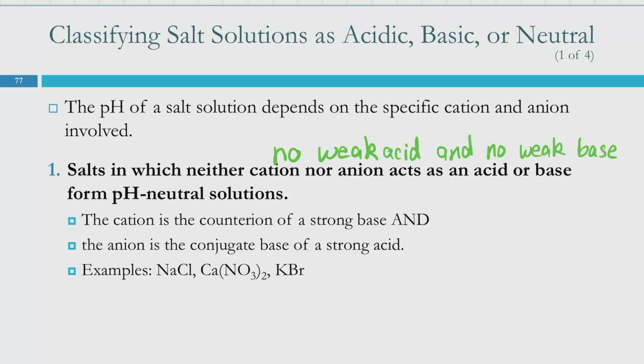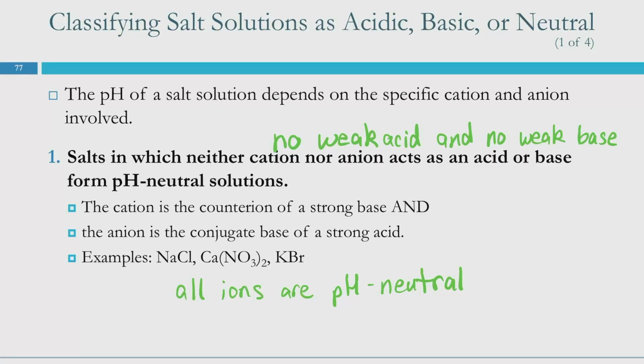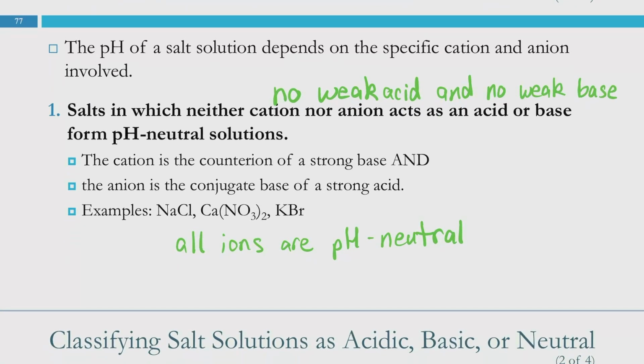There's not going to be any effect because all of our ions are pH neutral. So that's one possible case. So like sodium chloride, the sodium from sodium hydroxide, which is a strong base. The chloride from HCl, a strong acid, and so the chloride would be pH neutral. Same idea for the rest of the examples.